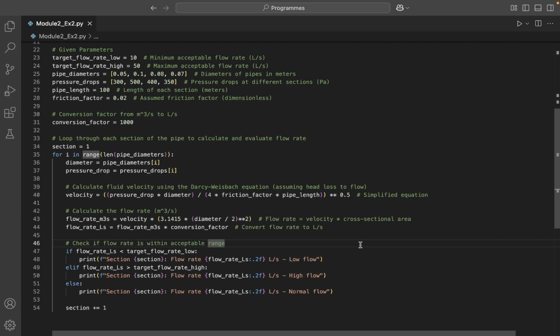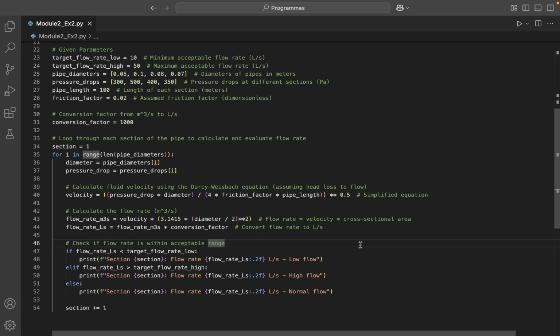And here we will print the final result as low flow. In the same way, in the elif, if the flow rate is greater than the target flow rate at the higher level, we need to print the final answer as high flow. And in the else case, if it is within the given range, then we will print normal flow. And after getting any of the answers, we will go to the next section.